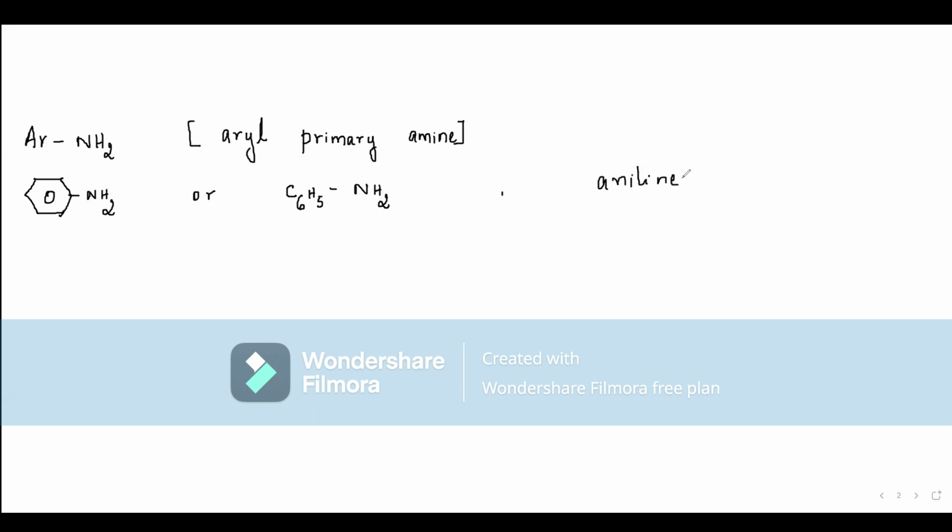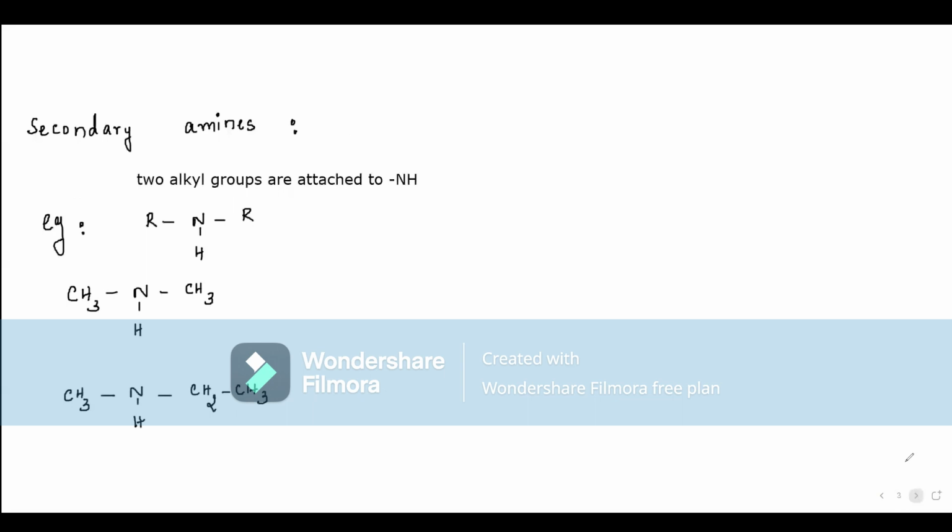Though aniline is the common name, more than the IUPAC name, we are using the common name itself. By the way, what will be its IUPAC name? Benzenamine. IUPAC name is benzenamine, but we are using the word aniline more frequently than benzenamine.